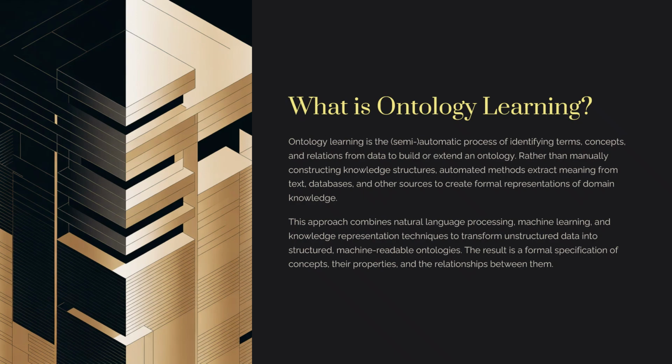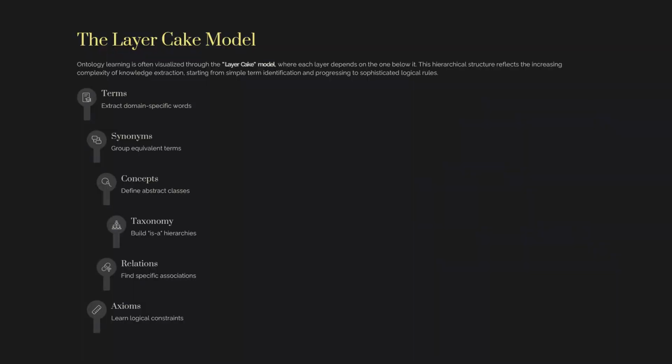To better understand how ontology learning works step by step, researchers often follow a framework called the layer cake model, as I mentioned at the first. The layer cake model is a conceptual framework that explains the different stages involved in ontology learning.